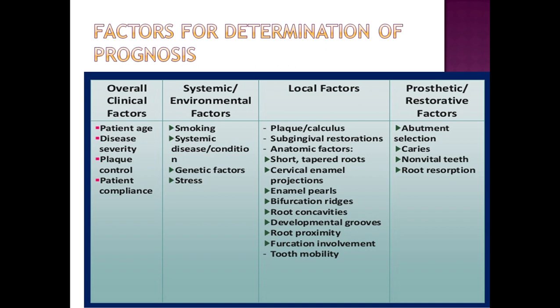Local factors: plaque, calculus, subgingival restoration, anatomic factors, short tapered root, cervical enamel projection, enamel pearl, bifurcation ridges, root concavities, developmental groove, root proximities, furcation involvement and tooth mobility. Then prosthetic factors: abutment selection, caries, non-vital teeth and root resorption.